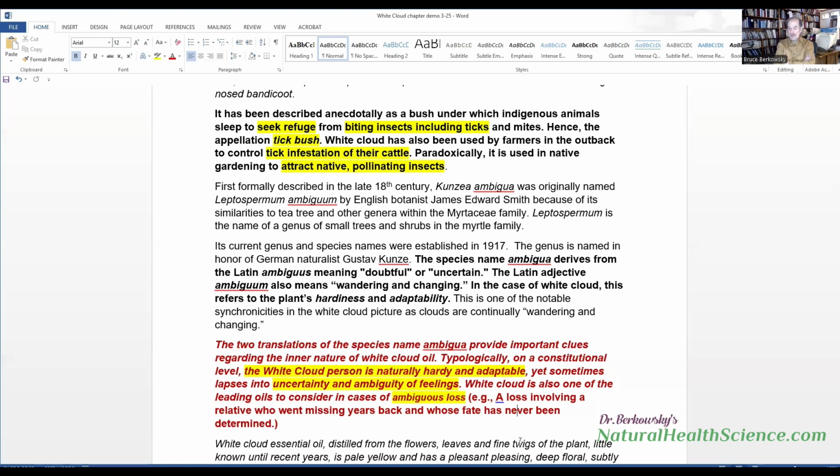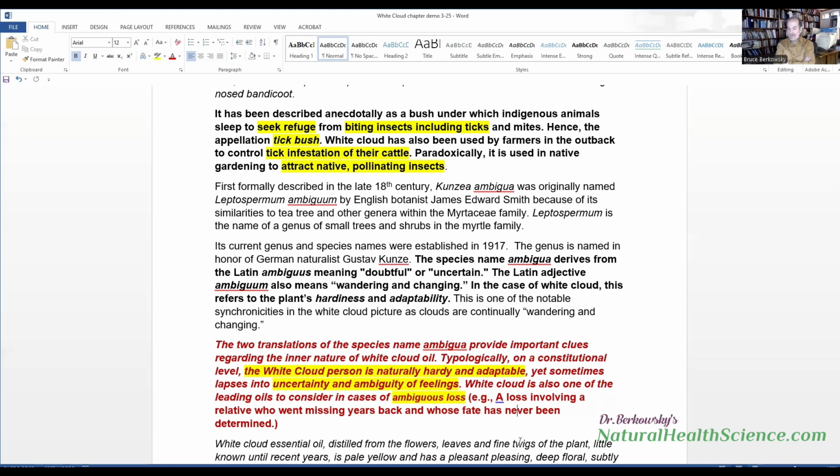Or another example of ambiguous loss is someone who was given up at birth for adoption, and the person doesn't know who her birth parents are, and there's this sense of loss of the first family, ambiguous loss. Or a child goes off to war as a soldier, and there's battles and so on, and he's listed as missing and not dead.